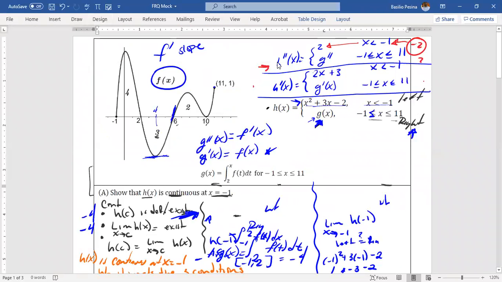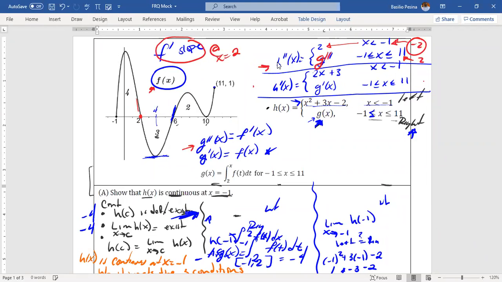So 2, positive 2, is in the interval from -1 to 11. So I'm going to be doing g prime, double prime, sorry, which means this right here. So I need to find the slope at x equals +2, not the height, because that would be f, but the slope.